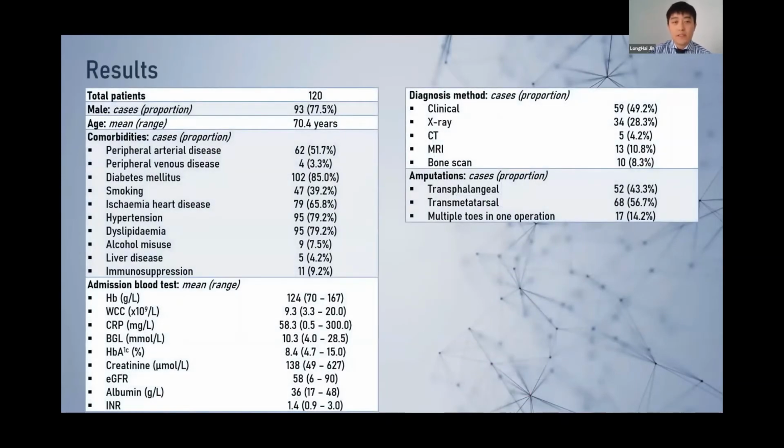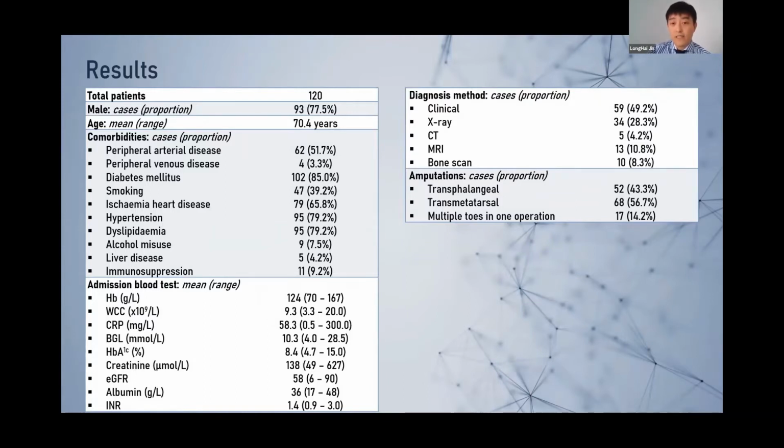During the study period, we gathered 120 patients with a male proportion of 78% and a mean age of 70 years. As expected, these patients had fairly common comorbidities such as peripheral arterial disease, diabetes, smoking, ischemic heart disease, and metabolic syndrome related disorders.